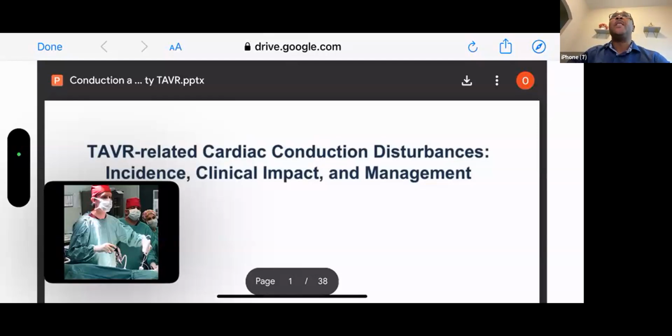We also have TAVR valve in valve. The initial concern was that a TAVR valve may not last long, but some studies have now shown that they are lasting longer, and even if they have a problem, you can do a valve in valve procedure in that patient.